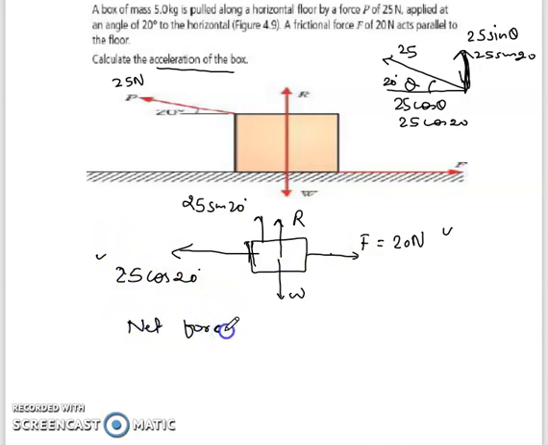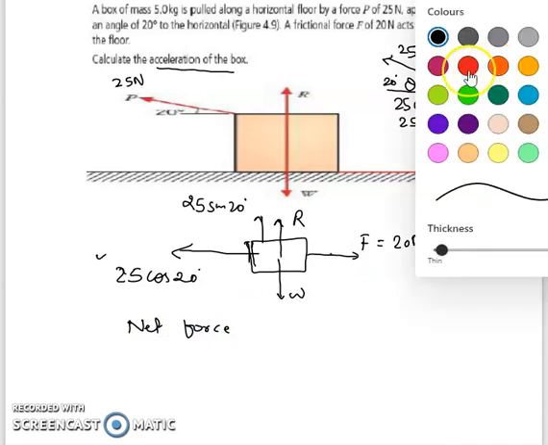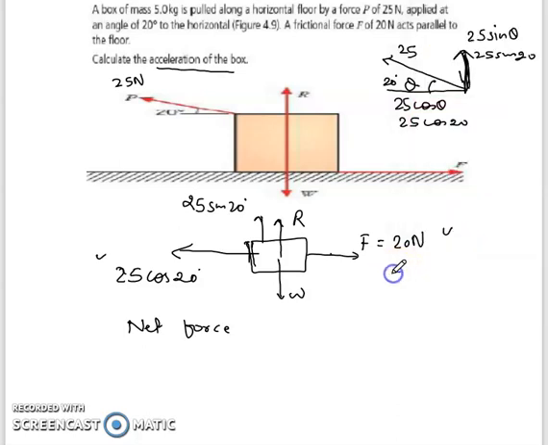So how can we find the net force? Net force is forward force minus backward force, so I'm going to do the same thing. I'm going to write here, forward force is 25 cos 20 degrees minus F, which is 20 Newton.